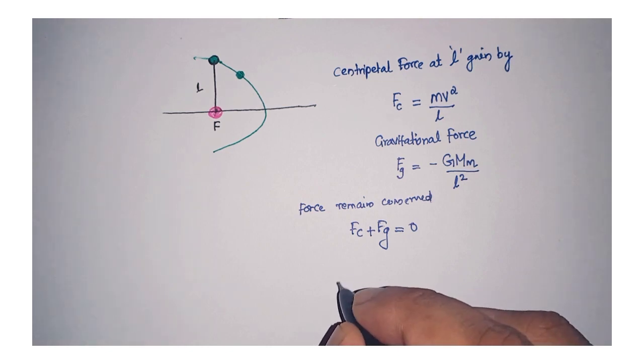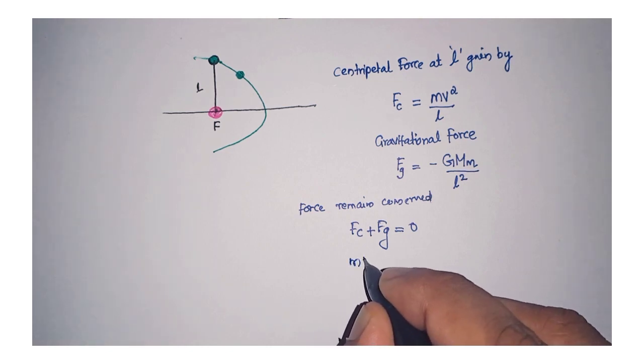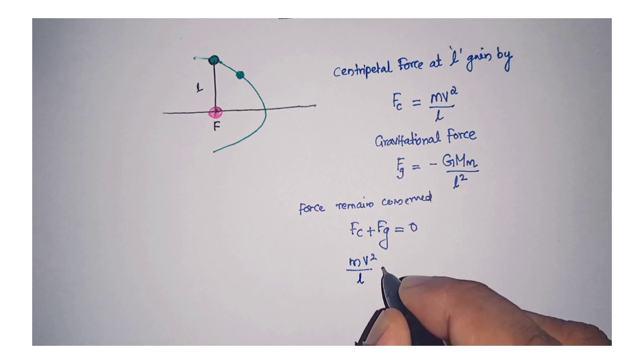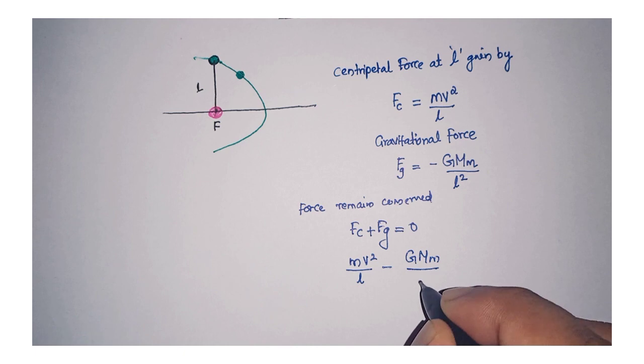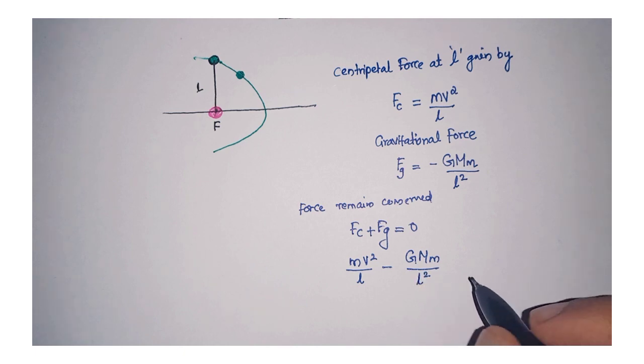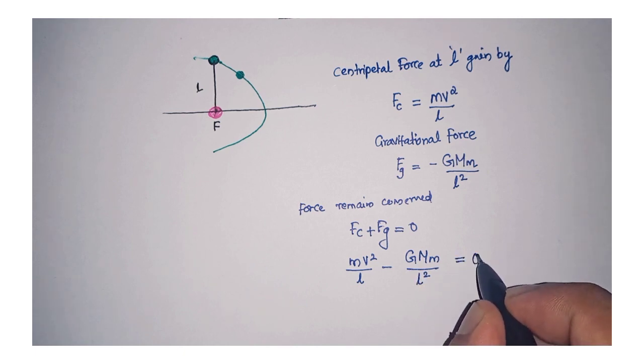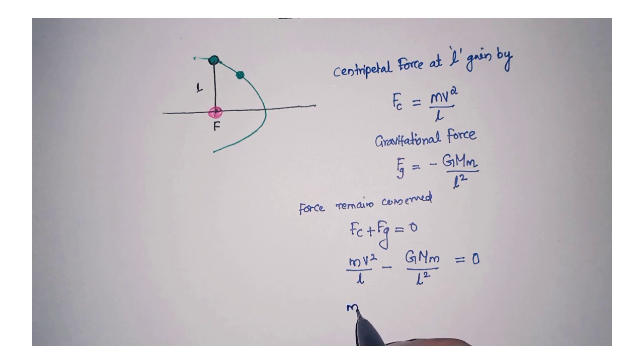So Fc is mv square divided by L, minus GMm divided by L square, which is equal to 0. That means mv square divided by L is equal to GMm divided by L square. I hope this is clear.